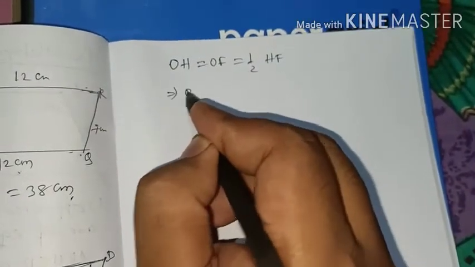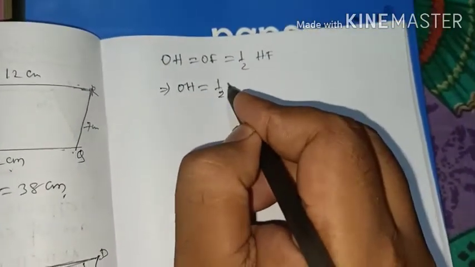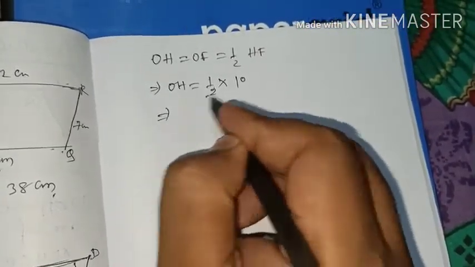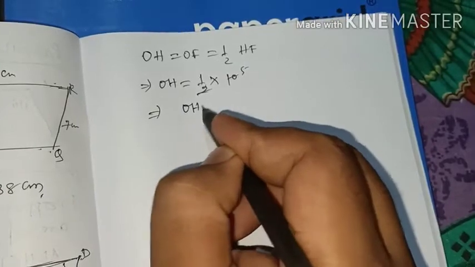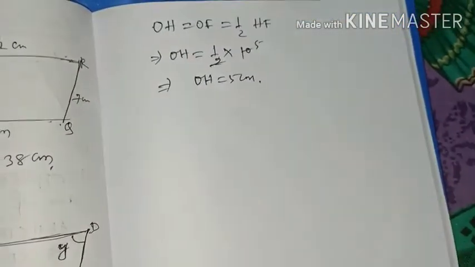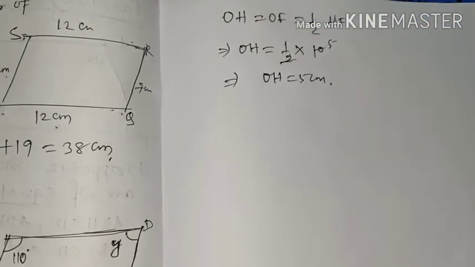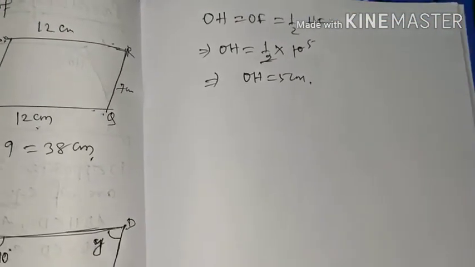So OH is equal to half of, you know that HF is equal to 10 centimeter, so 2 5s are 10, here OH is equal to 5 centimeter right now.